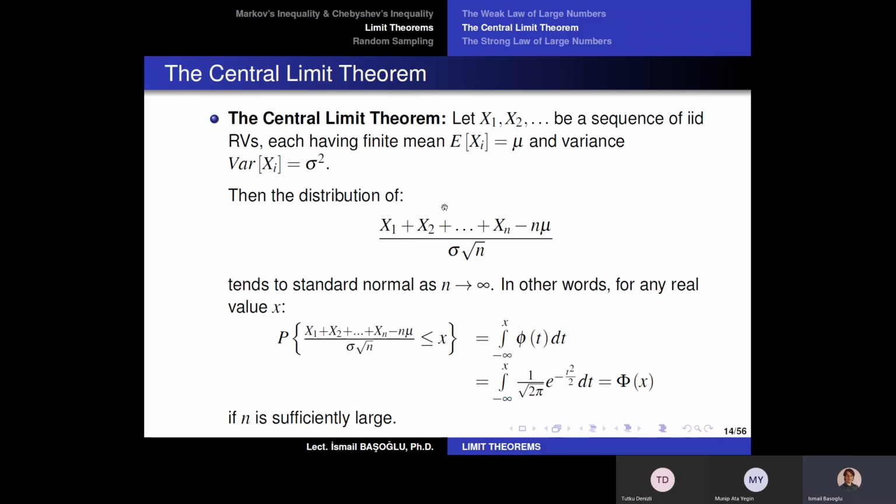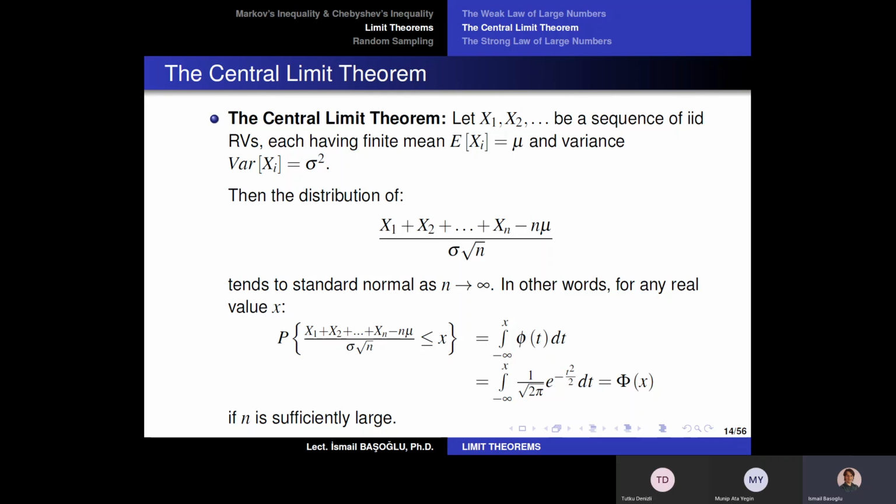And in fact, when you look at this formulation, we are basically subtracting the expected value of the summation of these n random variables, and we are dividing this difference by the standard deviation of the sum of these random variables, which totally looks like the standardization operation that we do for normal random variables, right?